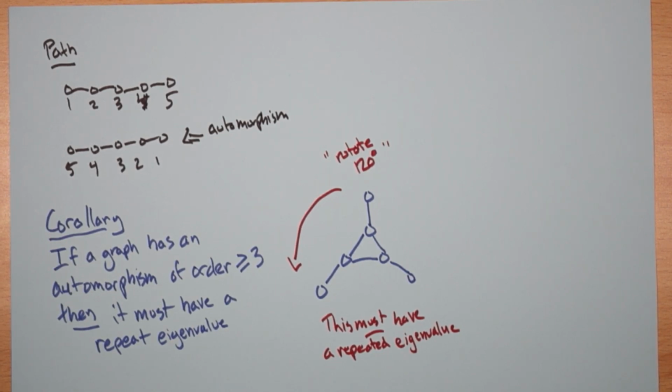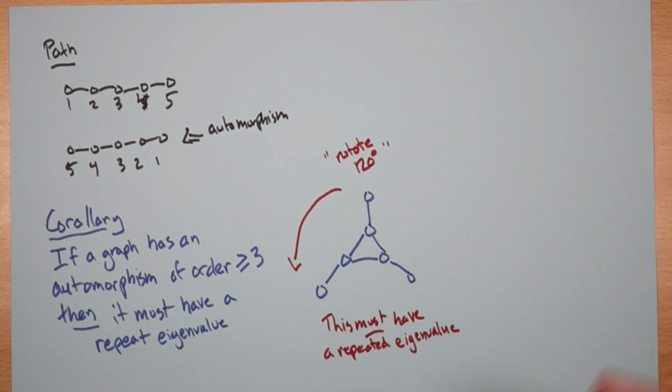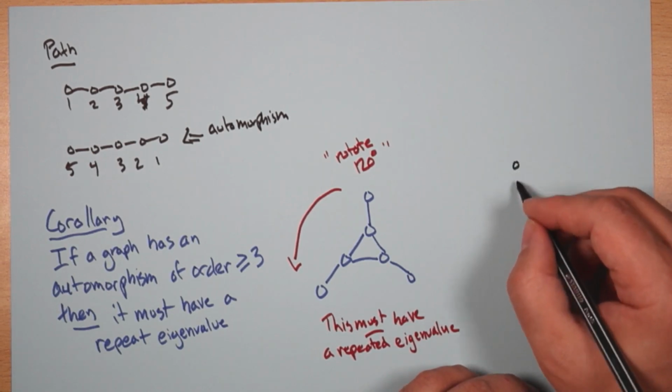You can learn a little bit, in fact more than a little bit, about the graph structure by asking, do I have repeated eigenvalues or not? And oftentimes, when you have symmetry, it's a great way to find eigenvectors. Because once you find one eigenvector, you can apply your symmetries, your automorphisms, and see whether you get more. A very simple case of that, we've kind of already done, and I'll point it out since we have a few minutes.